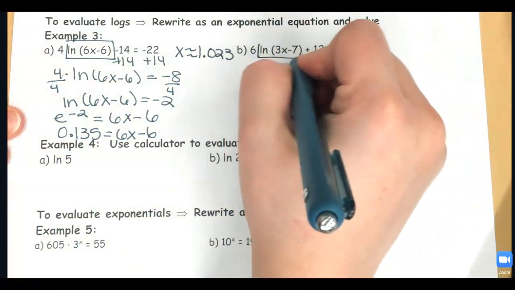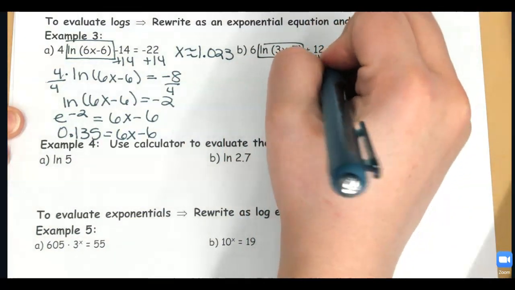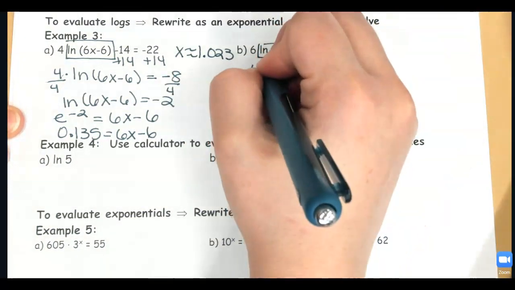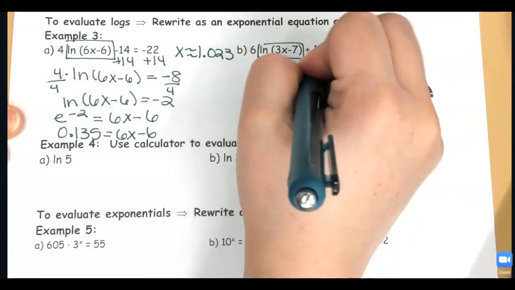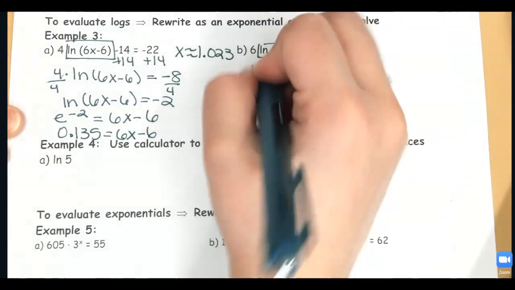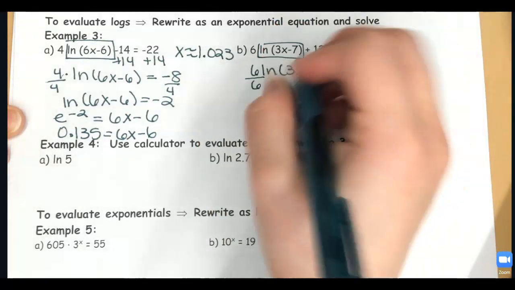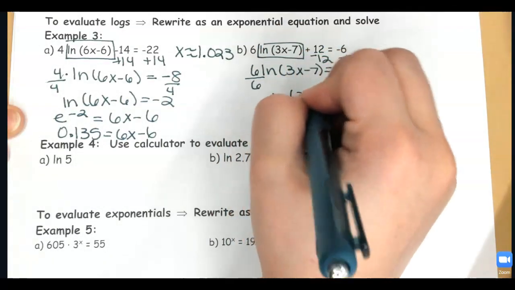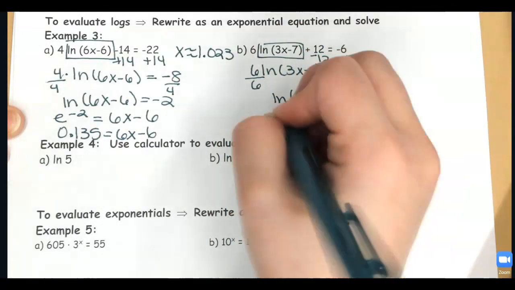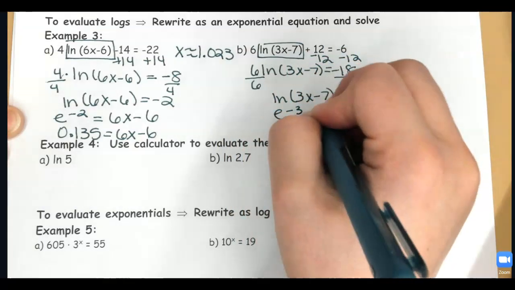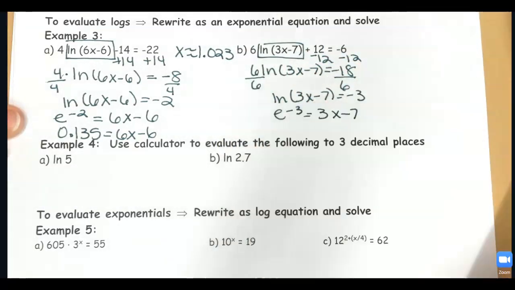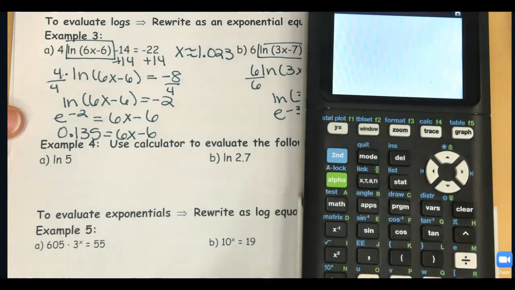I need to get the natural log by itself, so I'm going to subtract 12. And then divide by 6. Now I can rewrite it as an exponential. I can find e to the negative 3 in my calculator.